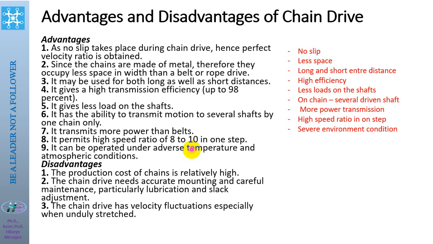Chain drives need accurate mounting and careful maintenance, particularly lubrication and slack adjustment. The chain requires lubrication of the friction pairs, but belt drives do not require lubrication. Chain drives have velocity fluctuations, especially when unevenly stretched.